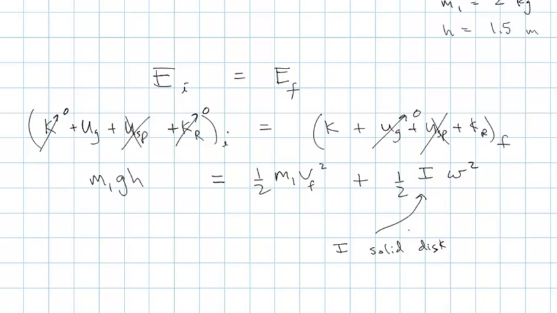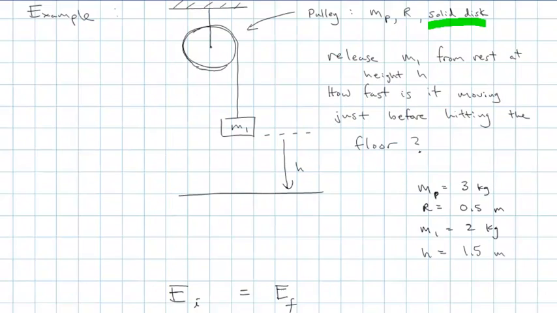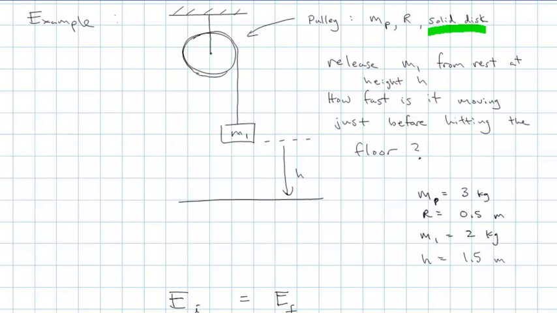I've found this in the textbook. I, for a solid disk rotating about its center point, is 1/2 the mass of the disk, in this case we're calling it M pulley, times its radius squared, 1/2 mr squared. What we really want is the speed of M1. And M1 is moving the same speed as the rope.